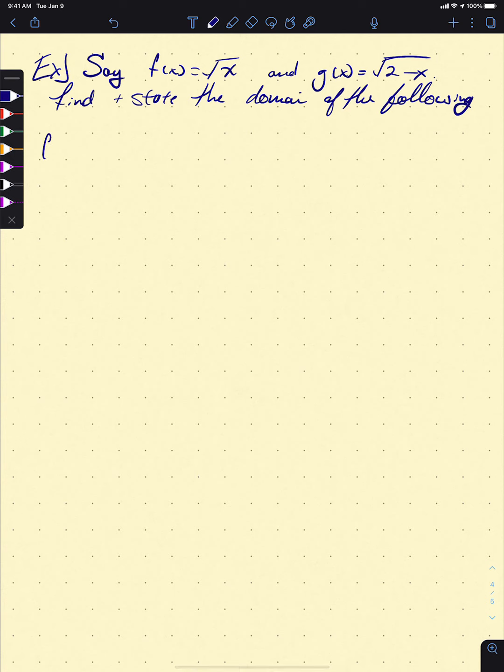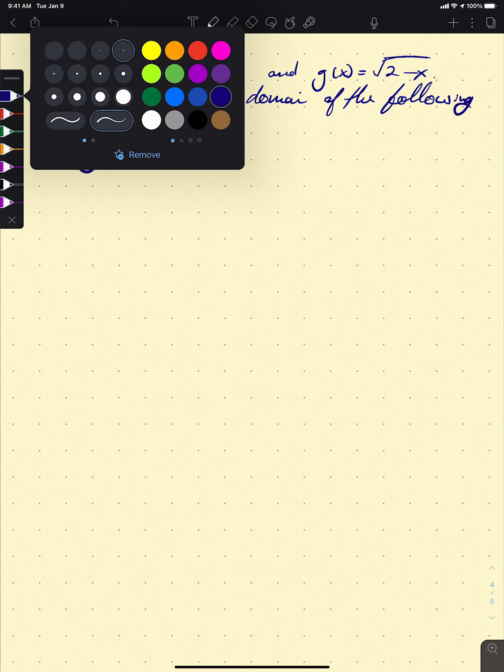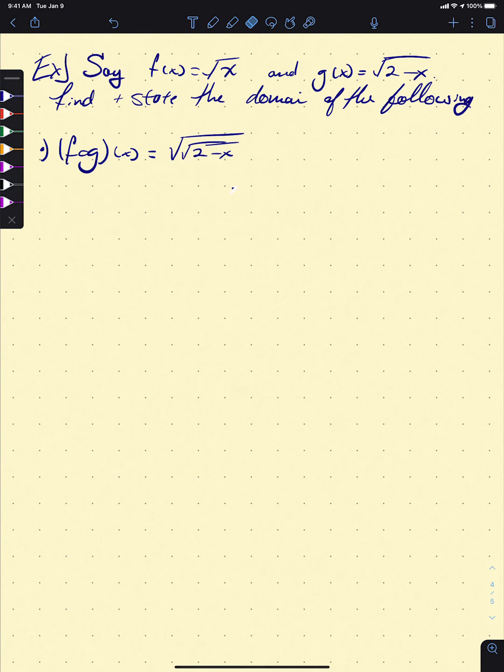The first one, let's go just f circle g of x. Well, it's going to be f of g of x. The square root of the square root is just the fourth root, so it's the fourth root of 2 minus x. And what's our domain here?